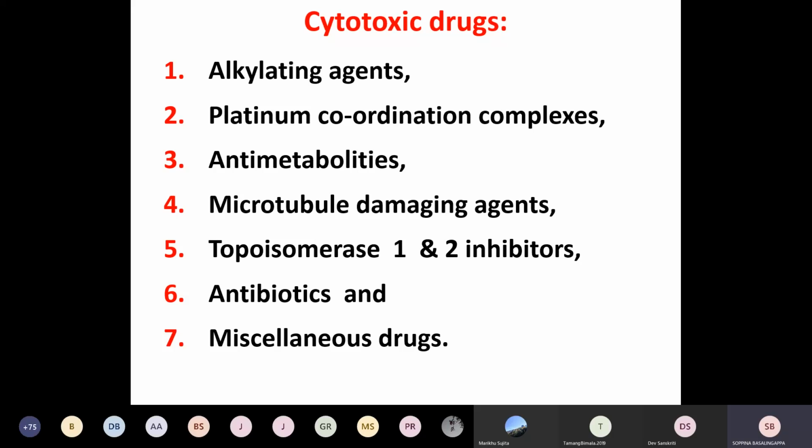Fifth one, topoisomerase 1 and 2 inhibitors. Sixth group, antibiotics. And seventh, miscellaneous group, which does not belong to any of these groups. And all of them are called cytotoxic drugs. So cytotoxic drugs are classified as alkylating agents, platinum coordination complexes, antimetabolites, microtubule damaging agents, topoisomerase 1 and 2 inhibitors, antibiotics, miscellaneous drugs.